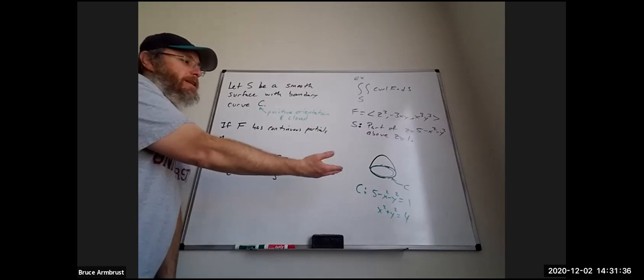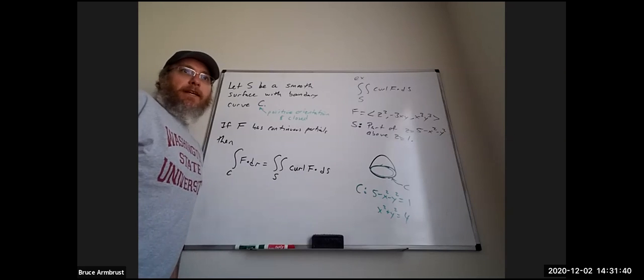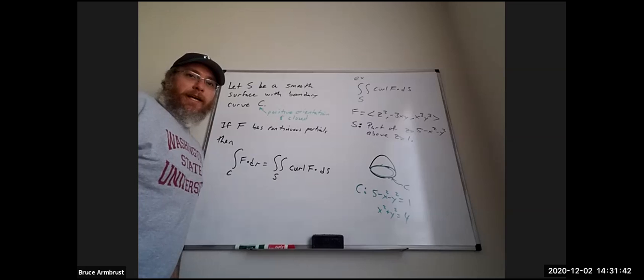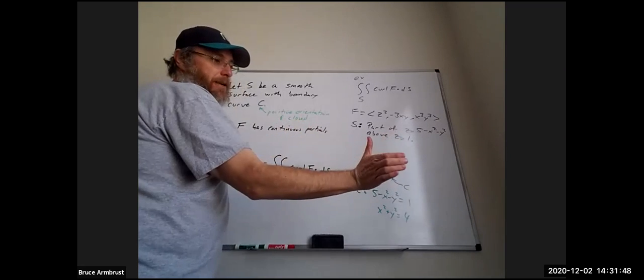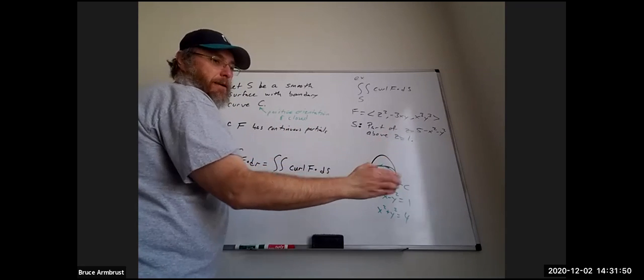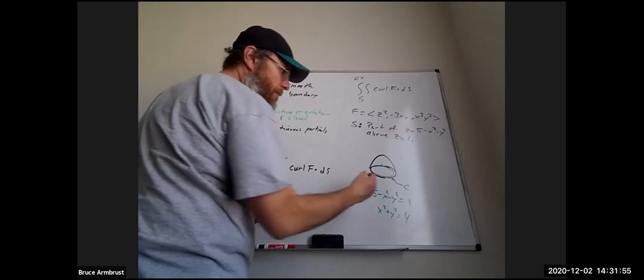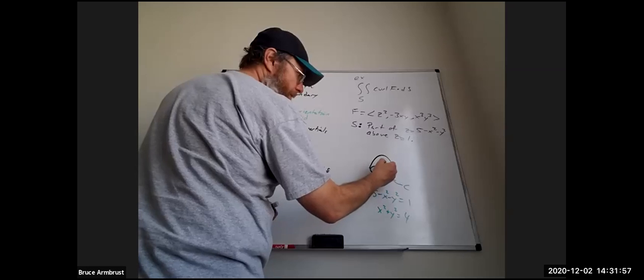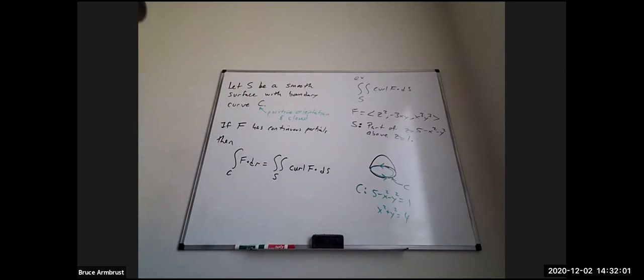We do need to know the orientation of the surface, and let's just assume that it's positively oriented, right? Upward pointing normal vectors. So if I've got that normal vector pointing up, I grab it, and my fingers are rotating this way. So the orientation of this curve is kind of like how I had it written originally.